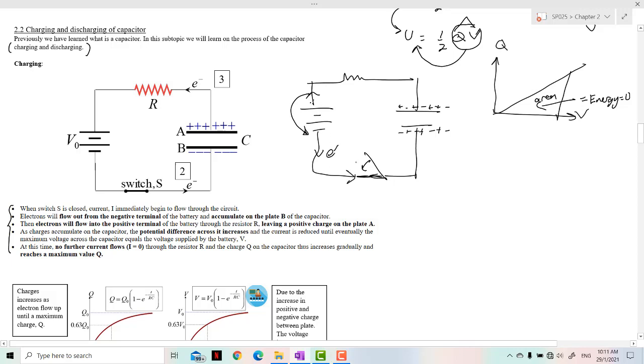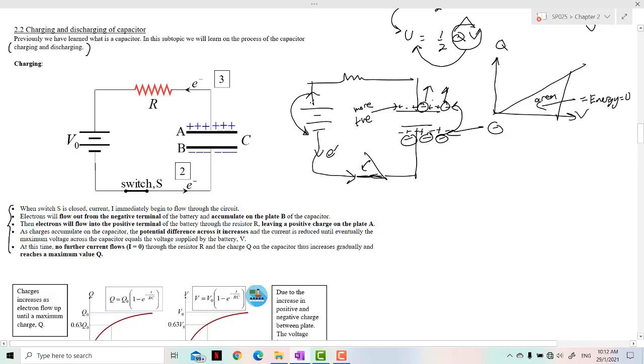So the negative electrons will move to the negative side, and here will accumulate negative. When this side accumulates negative, it will meet the negative here. So when negative meets negative, it will push out this negative electron, leaving this plate to become more positive.